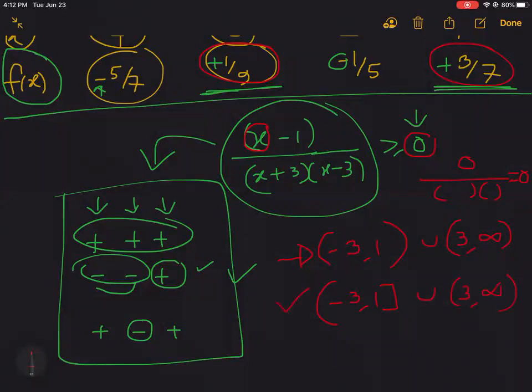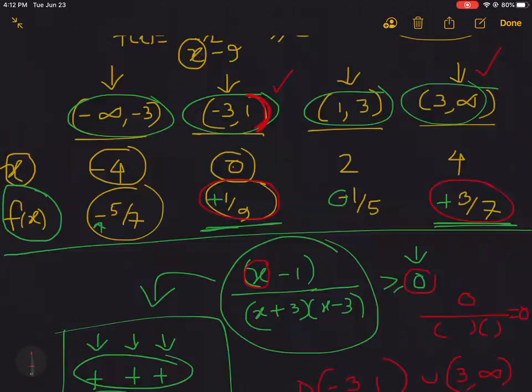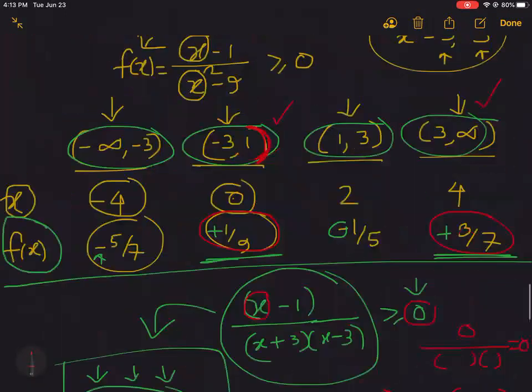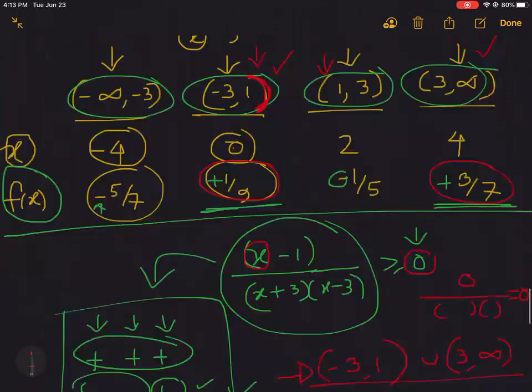From the intervals, that's the difficult part. You might leave it here and get penalized because your intervals will always have brackets. If you have greater or equal, less or equal problems like this, you can always check by including that value, whether it satisfies or not.